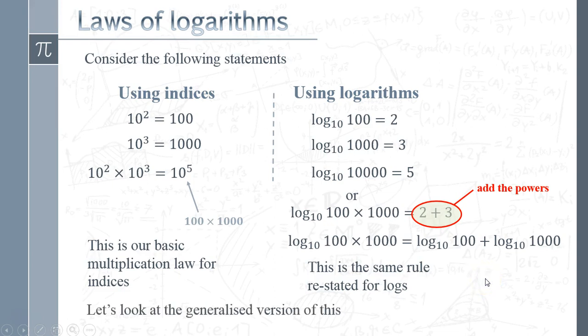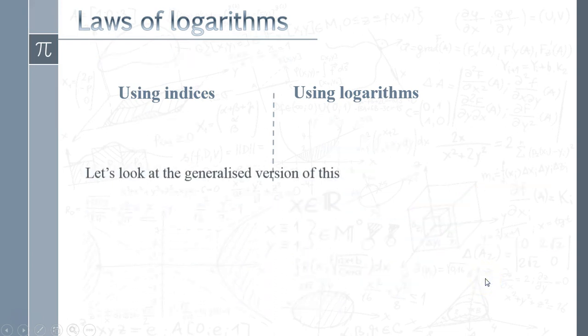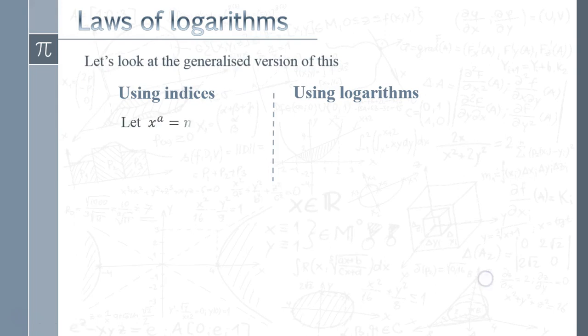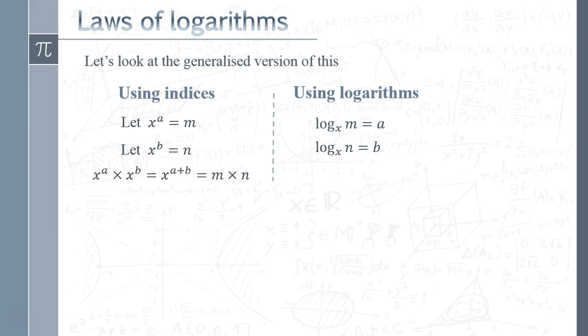And if we just take that and generalize it now, let's have a look what happens. So if we take x to the power a equals m, and there's the equivalent logarithmic expression. Take another expression, x to the power b equals n, and its equivalent, and say, okay, there's our version using index laws.